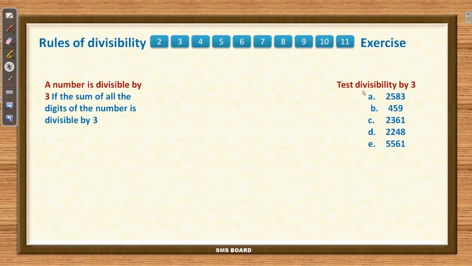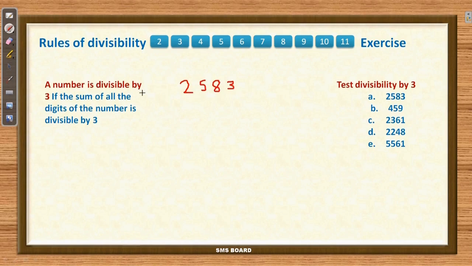In this problem, 2583. In this number, digits are 2, 5, 8 and 3.